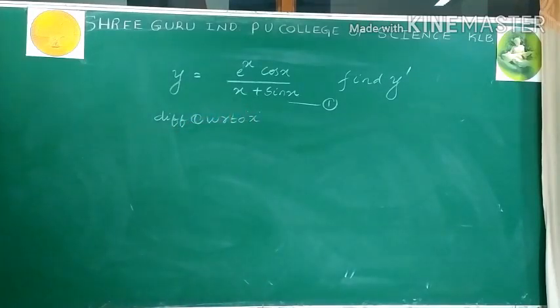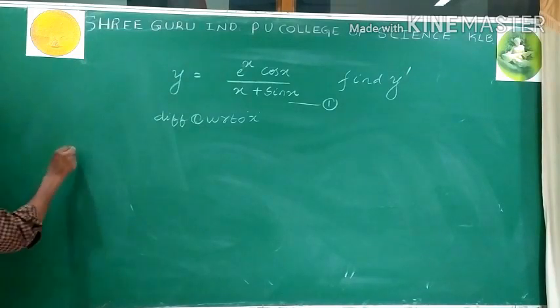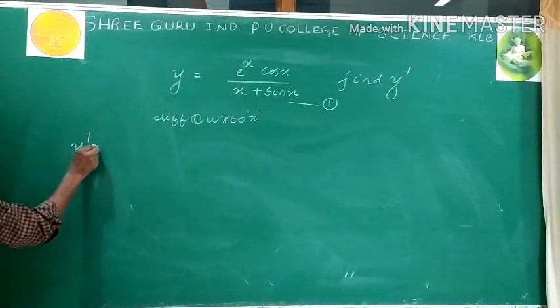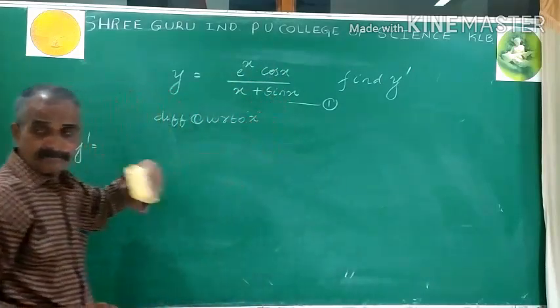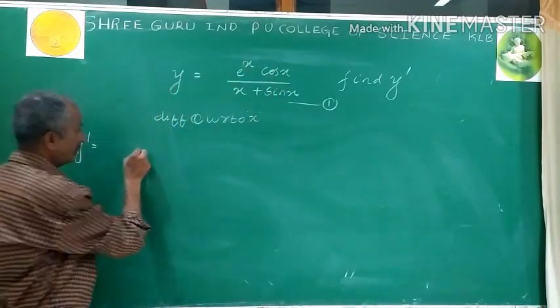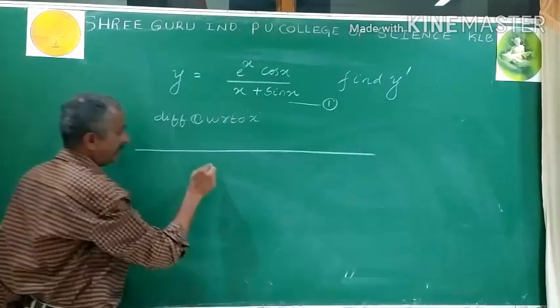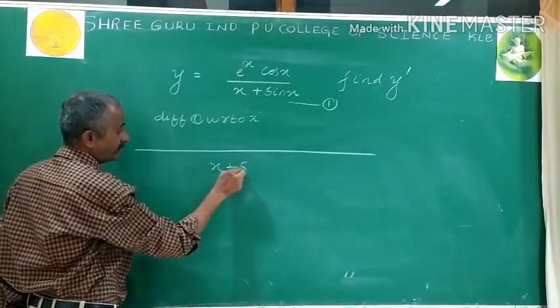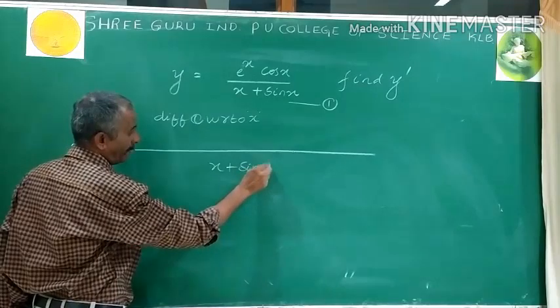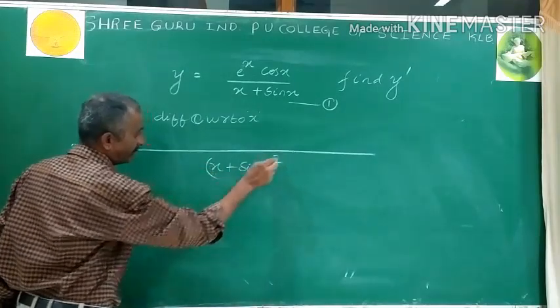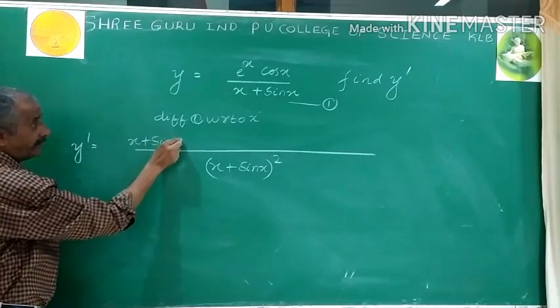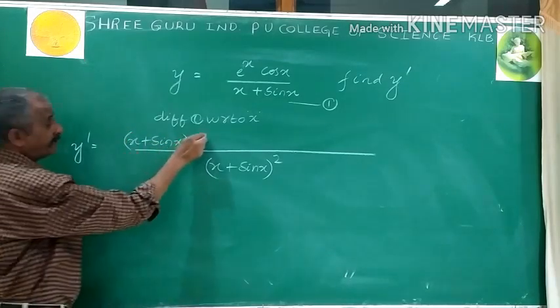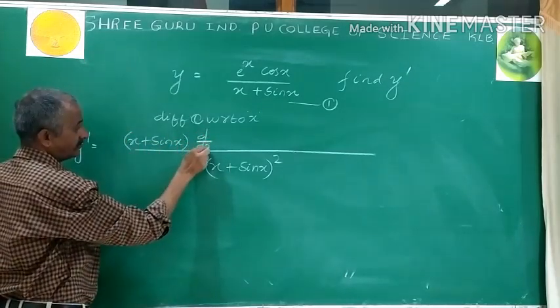On differentiating 1 with respect to x, left hand side y dash; right hand side, once again it is in the form of u divided by v. First apply the quotient rule. By the quotient rule, x plus sin x whole square. Then x plus sin x followed by the derivative of e power x into cos x.